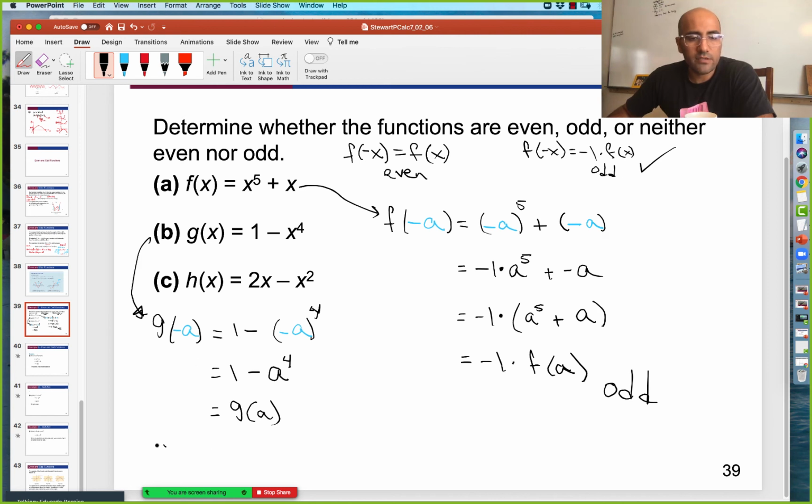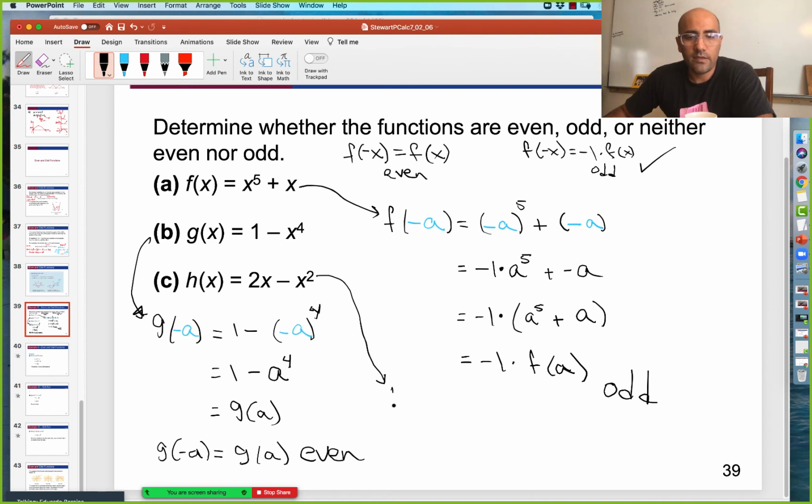Right? So we've established that g of negative a equals exactly g of positive a. Therefore, it's even. Good. Questions?